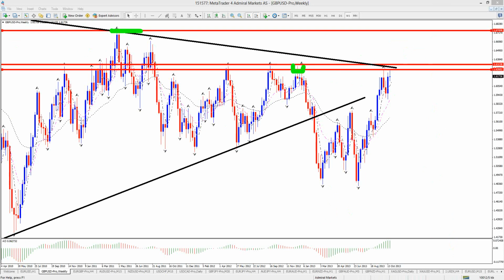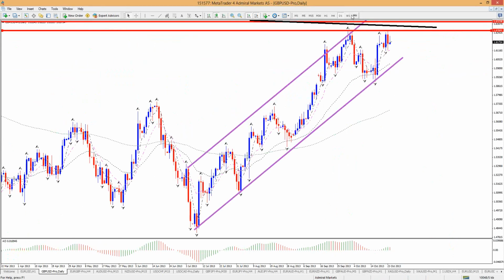So if we break these resistance levels, these tops in here, we could see a continuation, maybe testing this 167.50, and then it's at a very big break or bounce spot when we approach this higher red horizontal level. This in itself could be a break or bounce spot. Why?